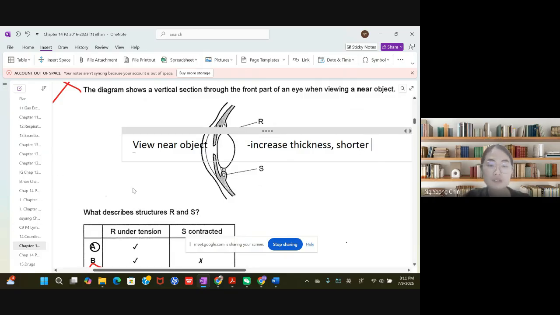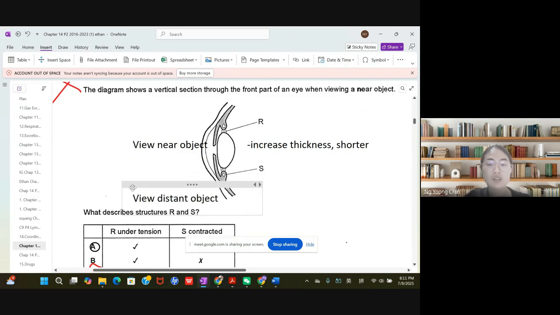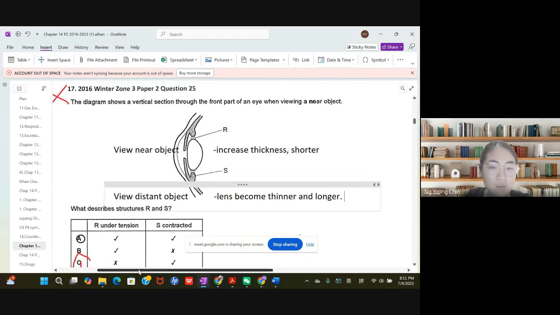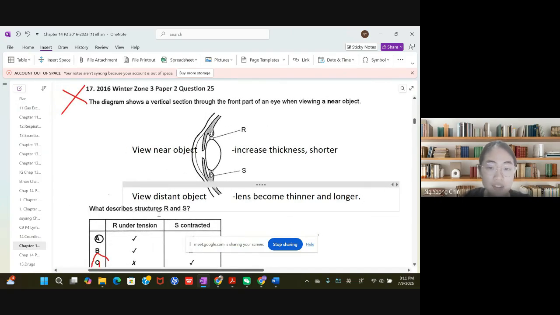When you're viewing a distant object, the lens becomes thinner and longer. Now, what describes the structures R and S? R refers to what kind of structure?